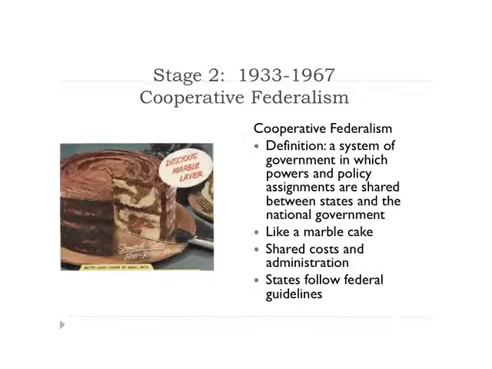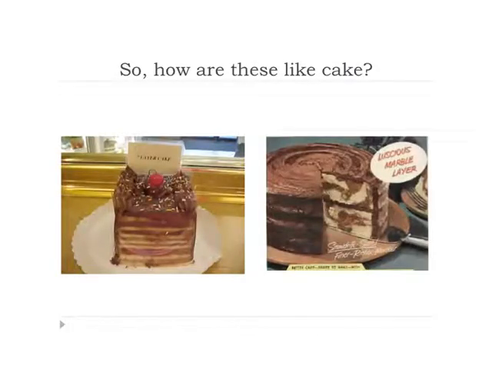Now I've got a picture there of a marble cake. Notice how they swirl together, and it's harder to tell where one starts and where the other ends. So let's review. How are these like cake? On the left, we have that layer cake, and that is intended to describe the period of dual federalism.